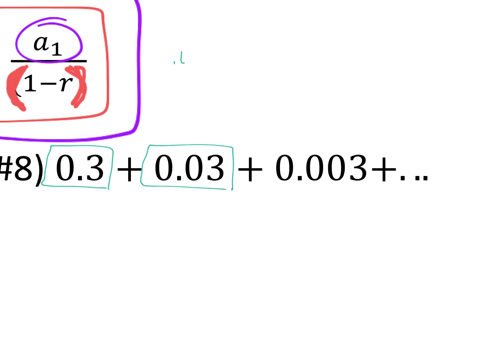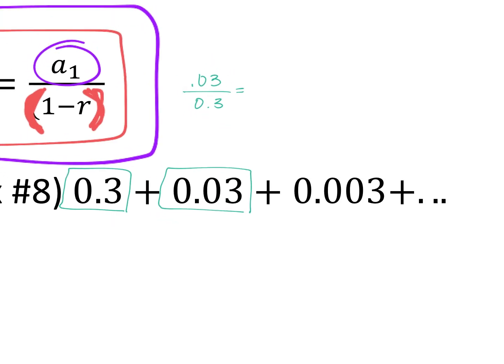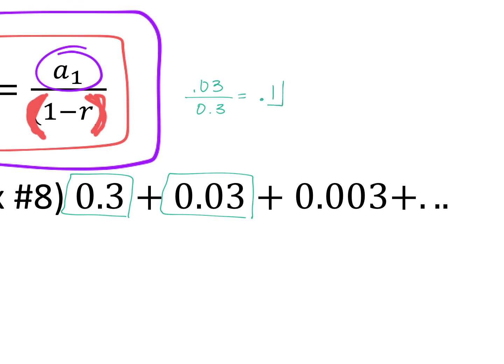So if I take 0.03 and I divide by 0.3, I get 0.1. If I subtract them, 0.03 minus 0.3, I get a negative 0.27. Subtracting would be arithmetic. Geometric would be dividing them.